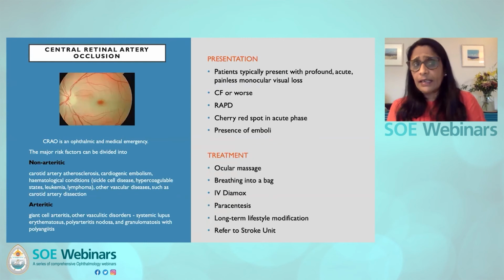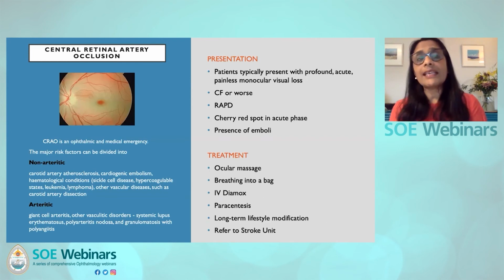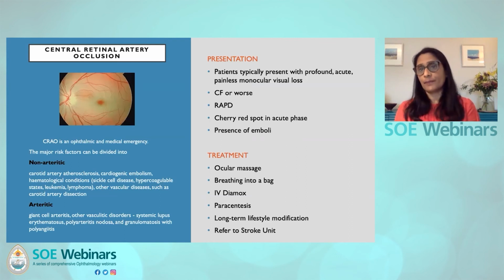The other emergency, which is not only an eye emergency, but also a medical emergency, is central retinal artery occlusion. Now, central retinal artery occlusion will present with profound, sudden, painless loss of vision.